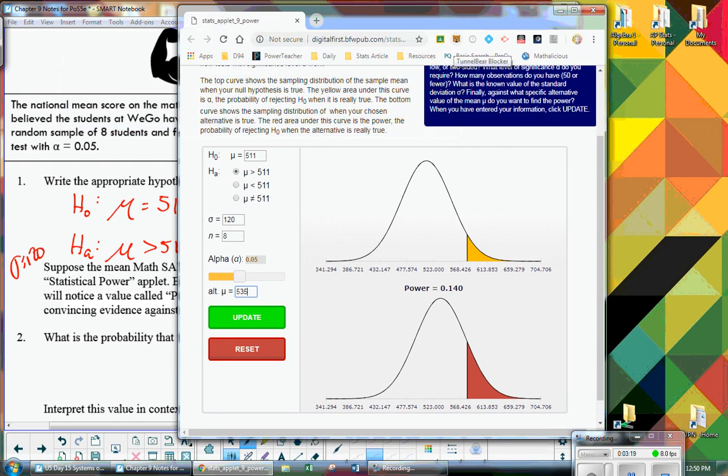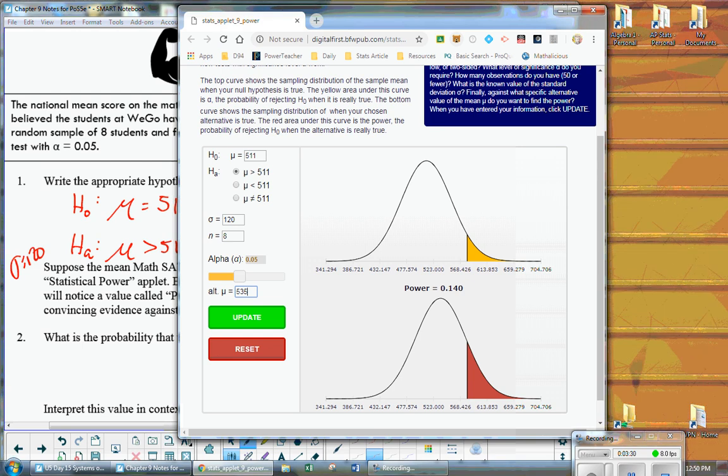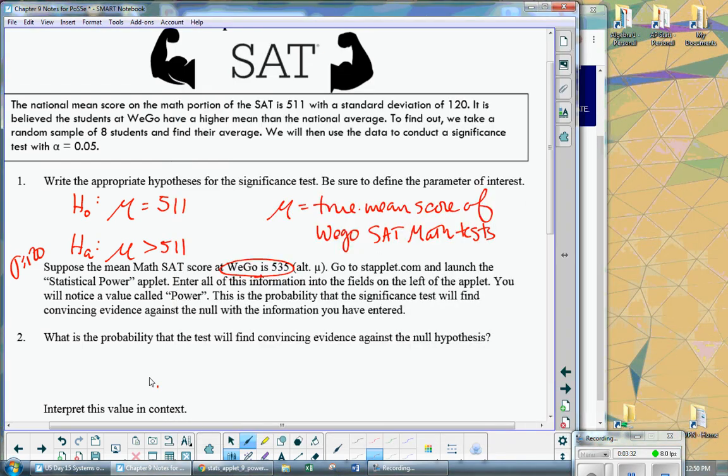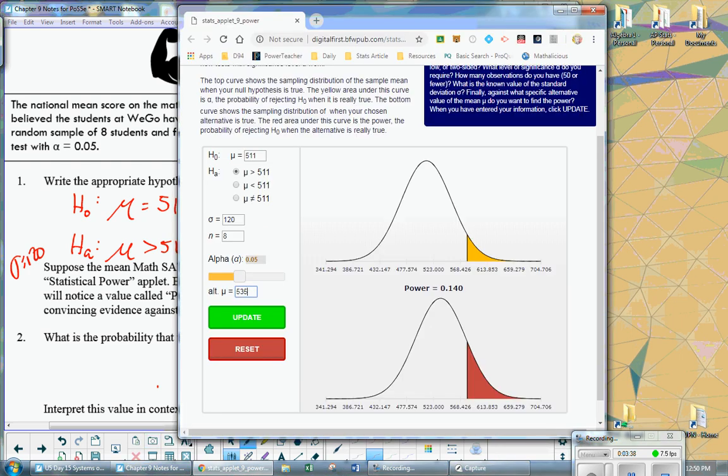Now notice here we've got this power value that says 0.140. Let me take a screenshot of this quickly so I can draw on it appropriately.